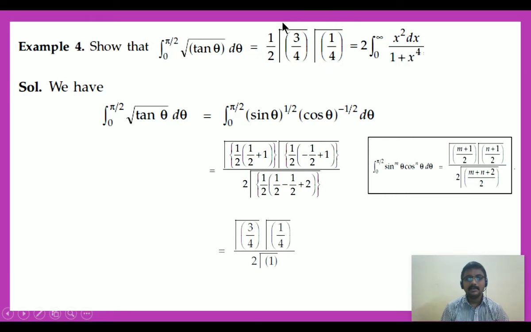For this, gamma of 3 by 4 into gamma 1 by 4 can be written as beta of 3 by 4 comma 1 by 4, because it can be written as gamma 3 by 4 into gamma 1 by 4 upon gamma of 3 by 4 plus 1 by 4. But what is 3 by 4 plus 1 by 4? 1. That is, gamma 1 is 1.